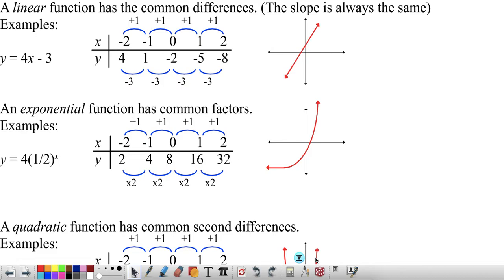Now, in the table of values, again, I just have my x's going up by 1 each time, so just add 1 to each as we go off to the right. But then the y values are repeatedly multiplying by 2. 2 times 2 makes 4, times 2 makes 8, times 2 makes 16, times 2 makes 32. And so that's what a common factor looks like, repeated multiplication.